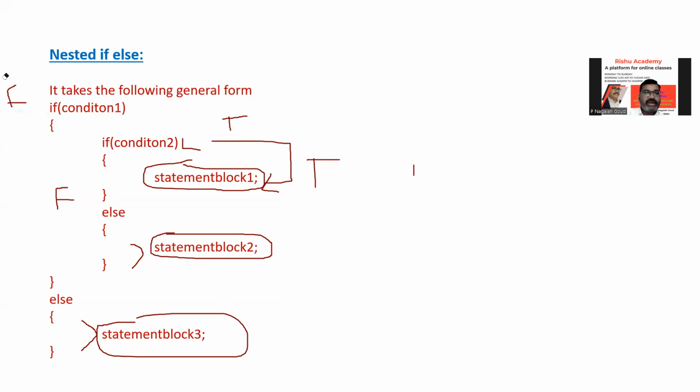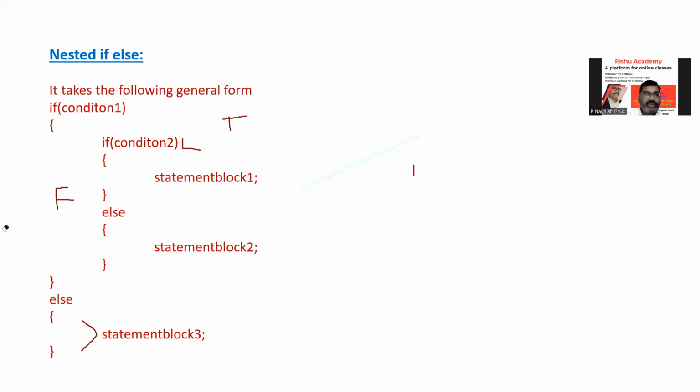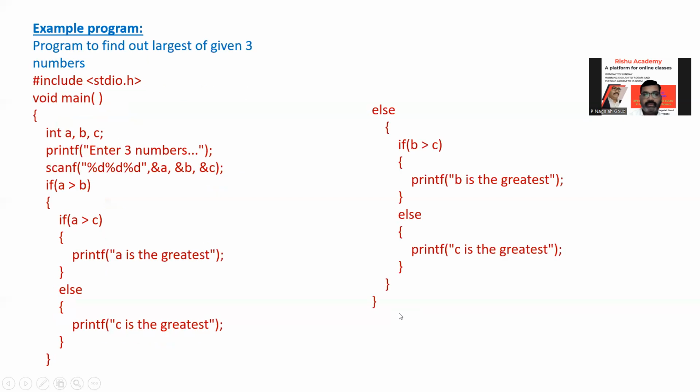Then look at an example of nested if else. Yes, this is an example of nested if else.